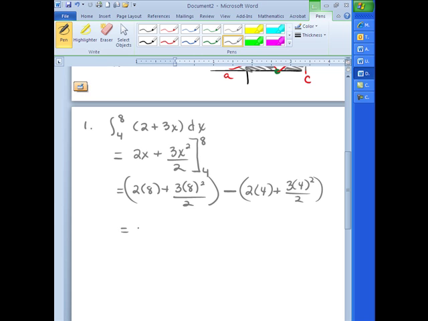Alright, so we have 16 there. 64, 32 times 3, 96 here. Minus 8. 16 divided by 2 is 8, times 3 is 24. So we have 16 plus 96 minus 32, which I believe should give us 80.